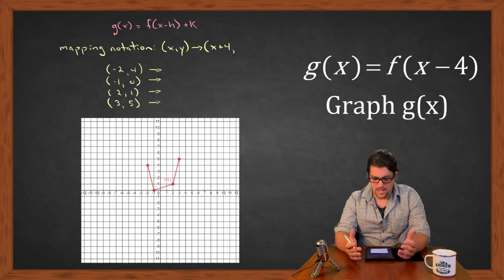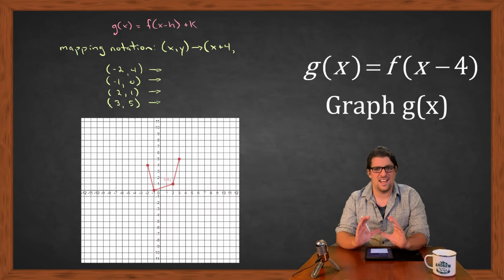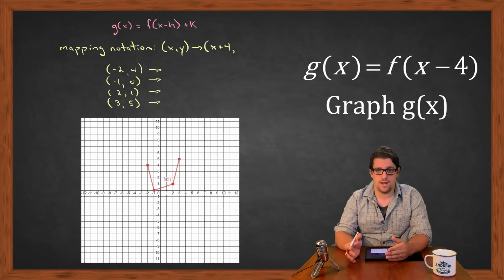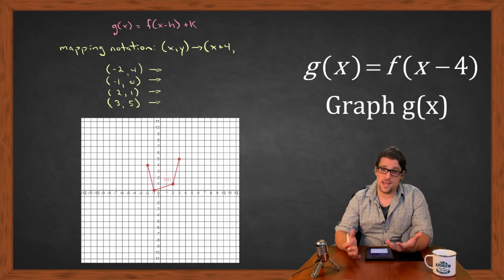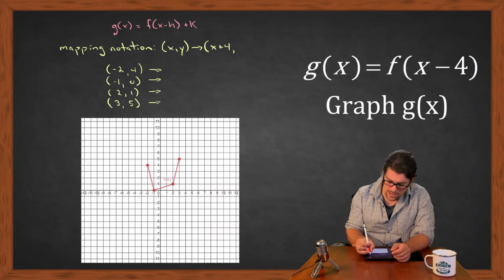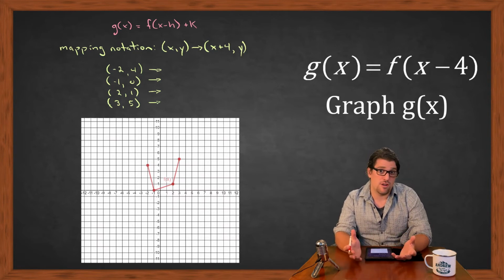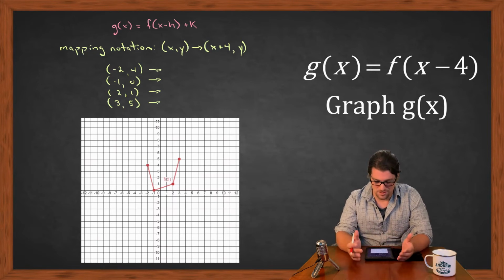That's going to give me x plus 4 as the new x value, guaranteed every time, because with this particular translation, it's always going to be moving to the right 4 units, which always adds on that 4 to the x value. Since we have no other translations going on here, we actually have just y as the other part of the mapping rule. Whatever the y was before stays the y afterwards.